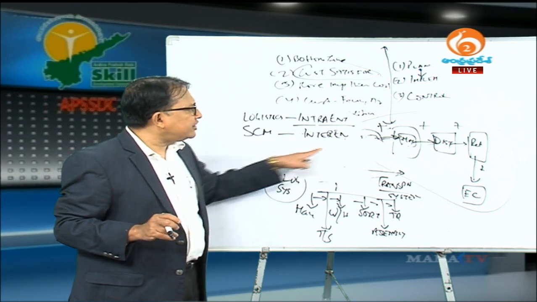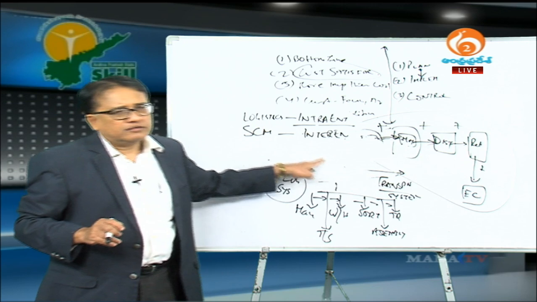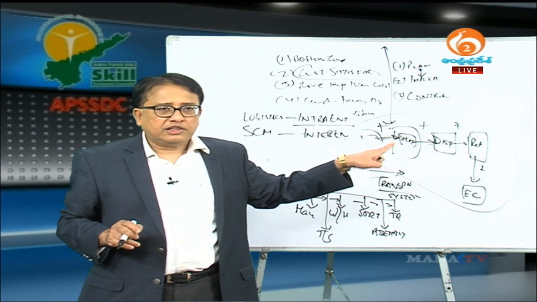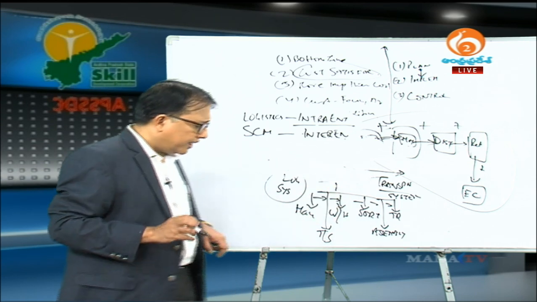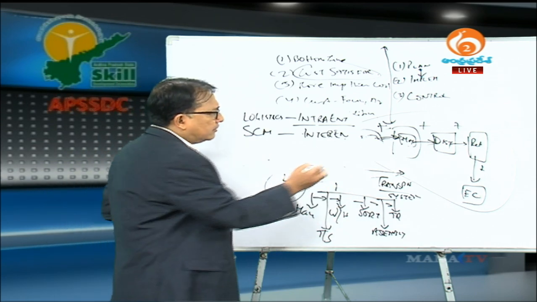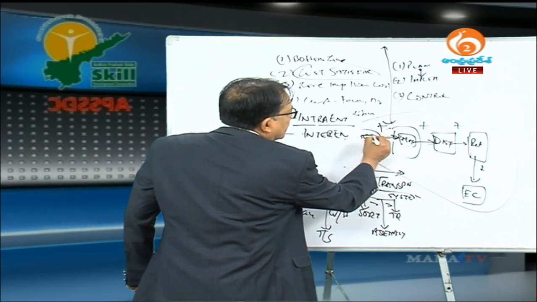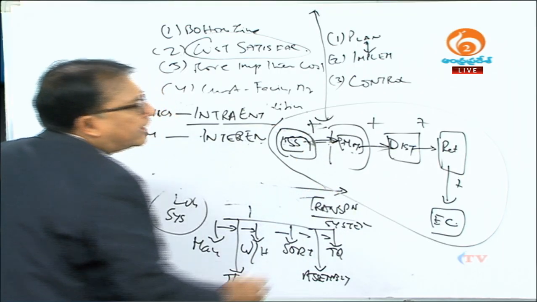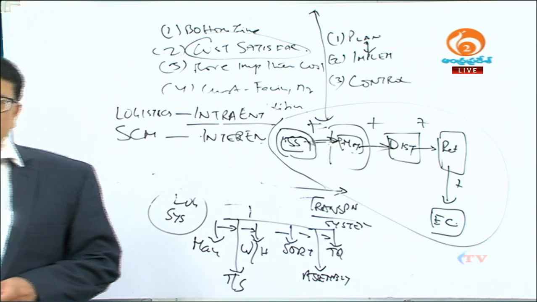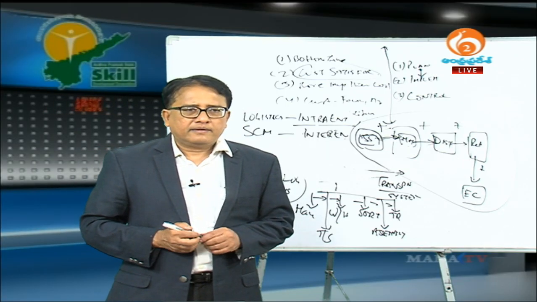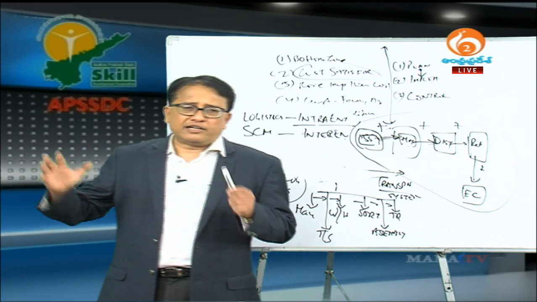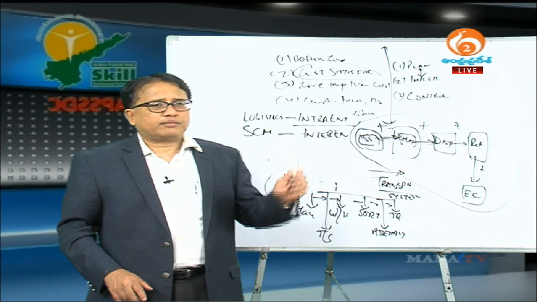So, supply chain management is a long-term issue, a long-term concept, whereas logistics management is a more real-time and short-term issue. That is the specific and clear demarcation and difference between logistics and supply chain management.